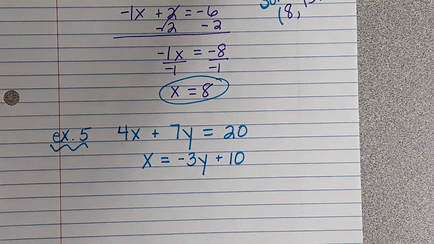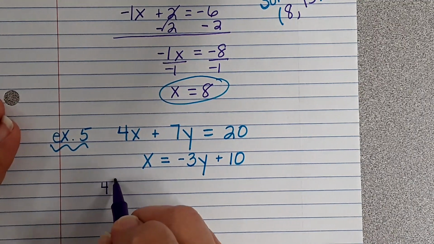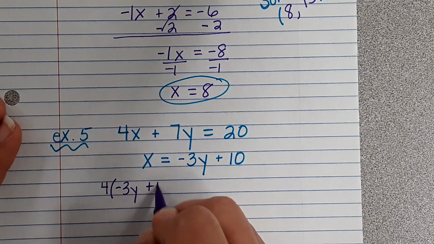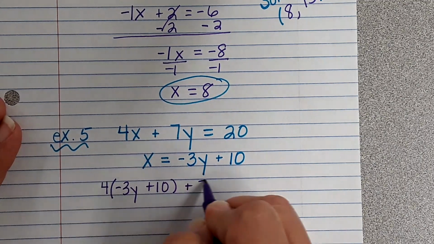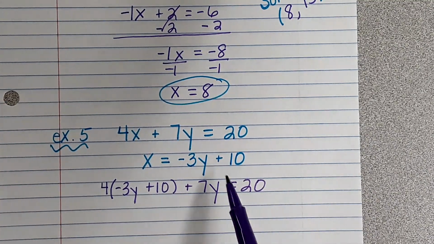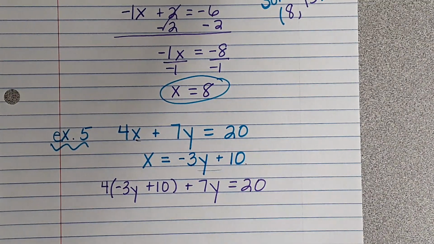You guys, it doesn't matter. You're just going to take that expression, and you're going to plop it into that variable. So it's going to be 4 times negative 3y plus 10 plus 7y equals 20. So I took this expression and I replaced this x.